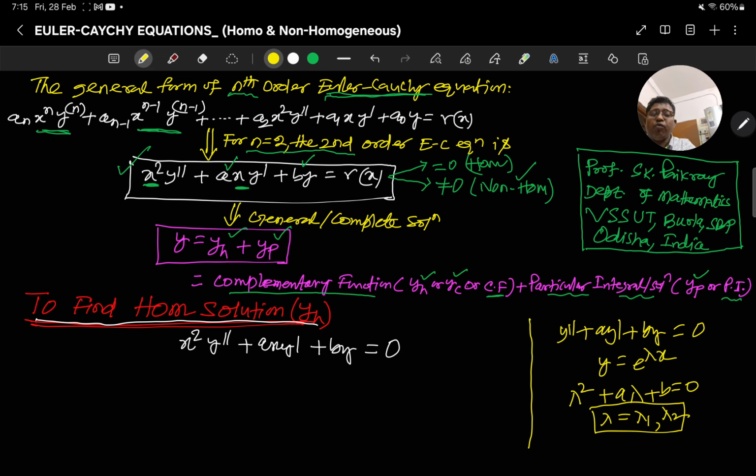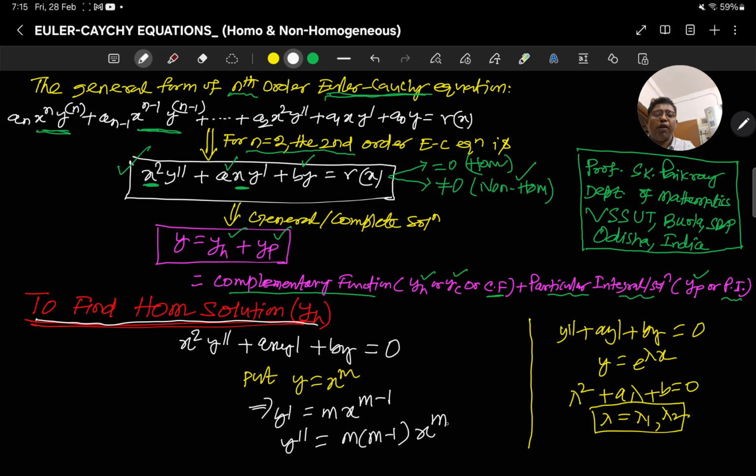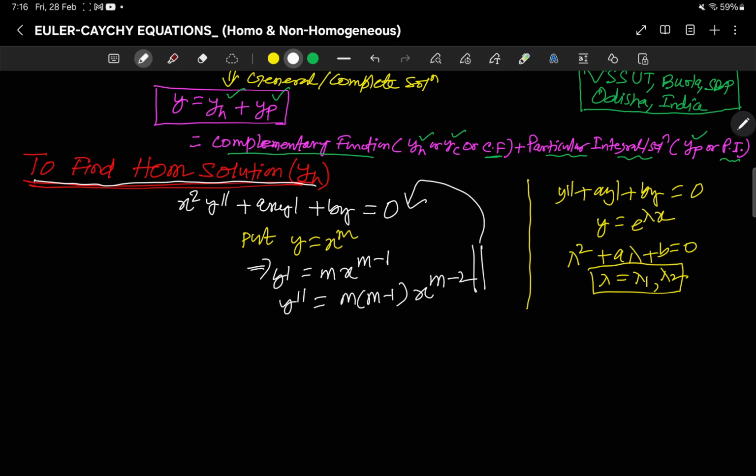Here, likewise, you put y is equal to x to the power m. So this implies your y dash is m x to the power m minus 1, and y double dash is m into m minus 1 x to the power m minus 2. You substitute this over here. Once you substitute, x to the power m minus 2 times x square becomes x to the power m.